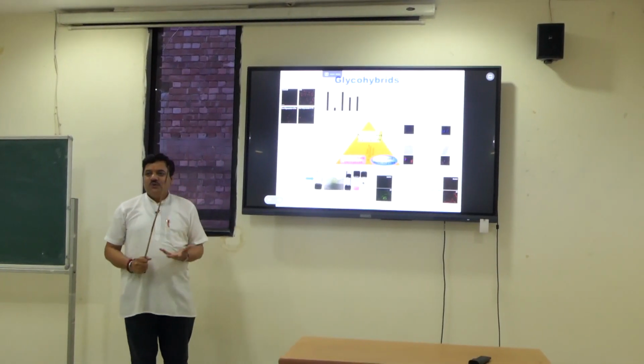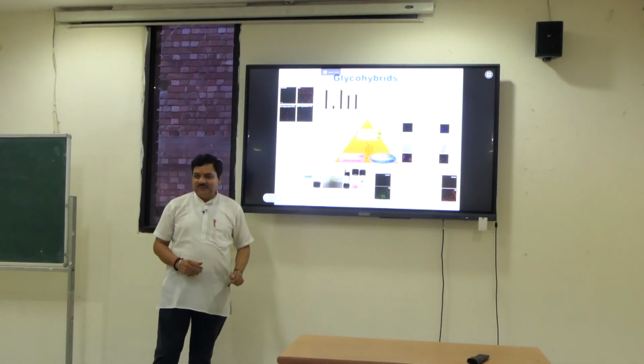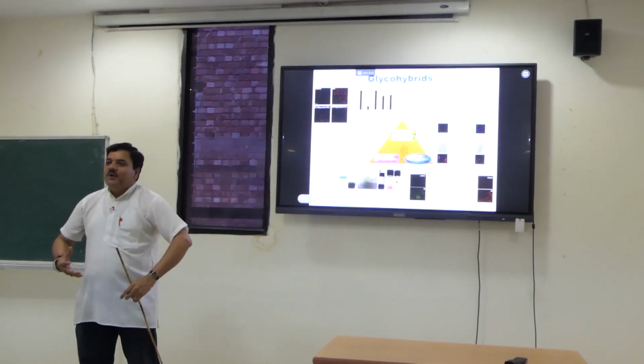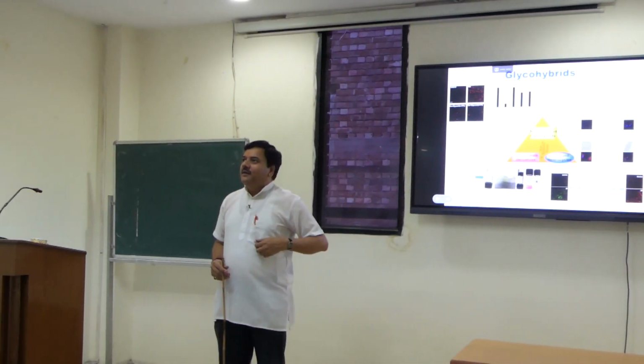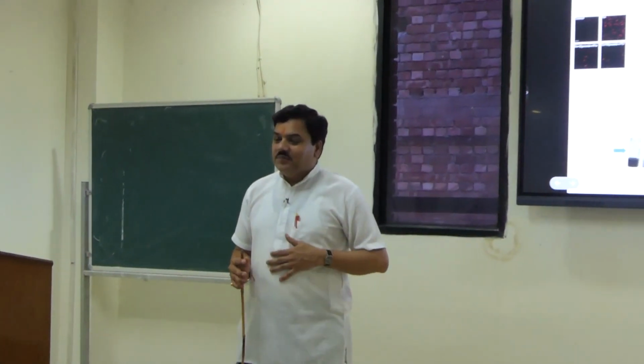And while doing so, we developed several synthetic methodologies, because when you make the molecule, there has to be a method. Because if you are making a totally new molecule, then you think about some new synthetic approach, isn't it?